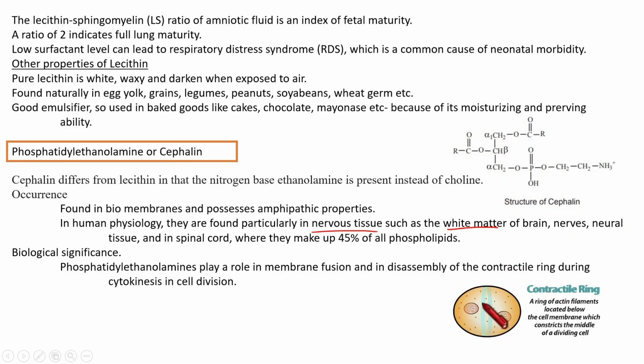Contractile ring is a ring that forms and causes a cell to divide into two daughter cells by forming a ring here. And that ring, you might have learned somewhere else, in some other chapter, is formed of actin and myosin proteins.